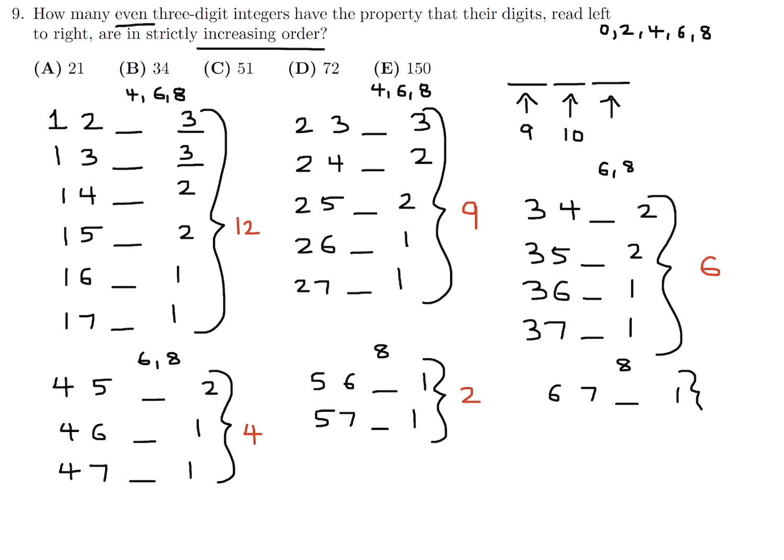That's the only number I can make starting with 6. And there you go, that's 1. So count all these up. 1 plus 2 plus 4, that's 7. 7 plus 6 is 13. 13 plus 9, 22. 22 plus 12 is 34. So number 9, the answer is B.